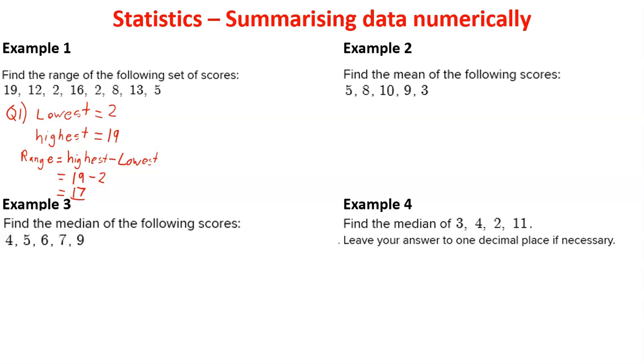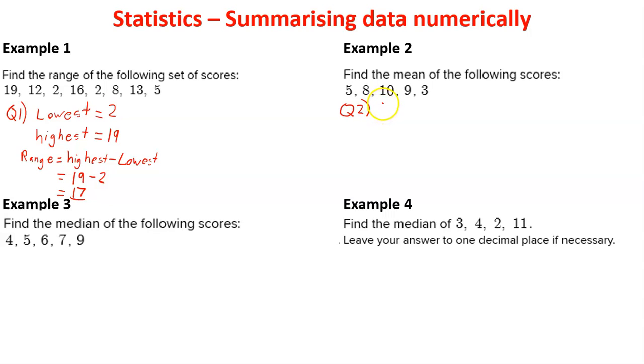Example number 2. Find the mean of the following scores. So I have a quick look again at my handout, and I know that in order for me to calculate the mean, which is the average, I need to add up all of the values and then divide by the number of values that I have. So in this particular case, I would be writing in my book that it's question 2. And I'd go ahead and add up all my values.